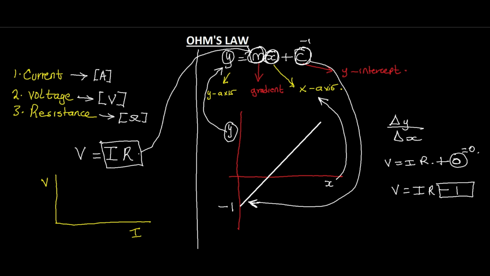But now this one, because we do not have anything here, this 0 will represent this value here. So because we do not have a c or a y-intercept, this will just be the nature of the graph. So the nature of the graph will be a straight line originating from the origin. So our graph will start from this point going outward. This will be the nature of the graph of voltage against current.